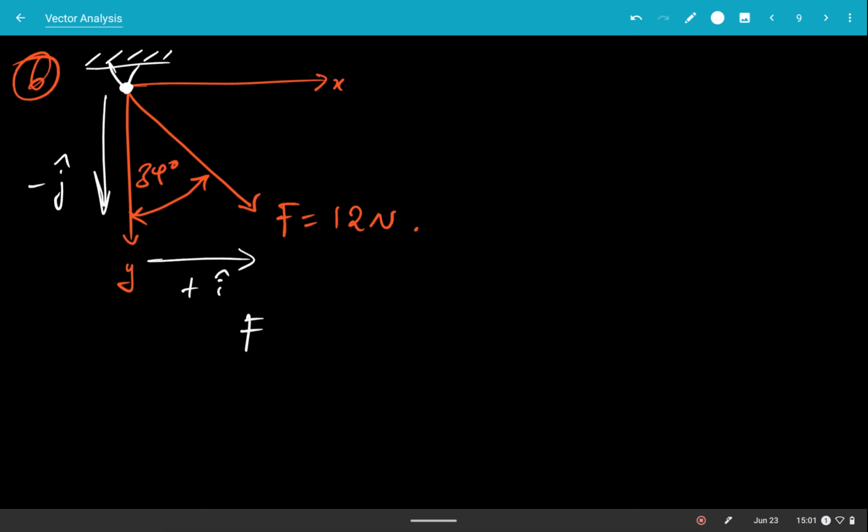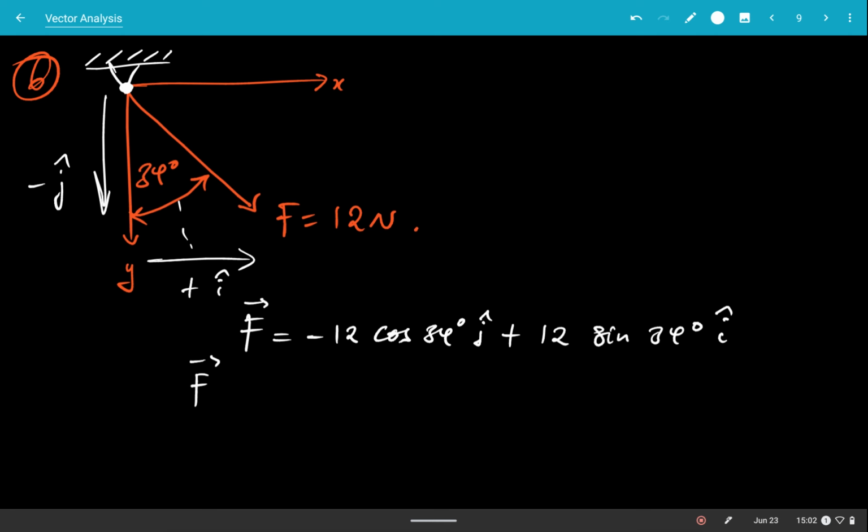So my force vector will be equal to the magnitude, which is 12, so I'm starting with the j, so I'll say minus 12 in the j. I'm having my cos 34 degrees, that is in the j. Then I'm having a positive in the I, so I have plus 12 sine 34 degrees, that is in the I, because of the angle.